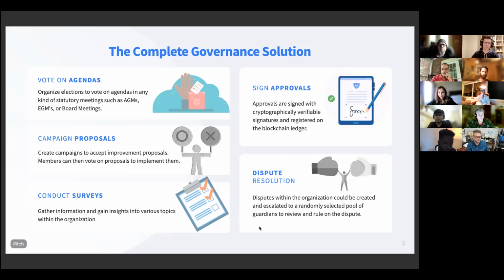The modules that we're going to show today are how to create an organization, how to create agendas, proposals, run the election campaign, and then look at the voting results. We do have some other plans for continuing to iterate, and I'll show that in another slide on some of our future work.